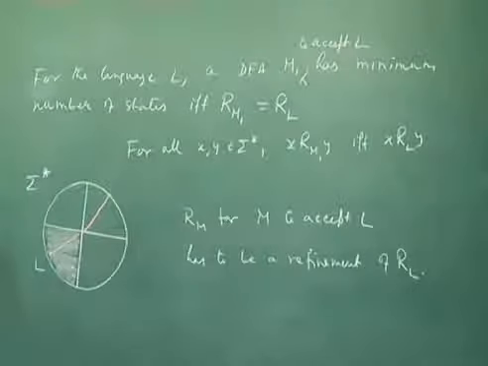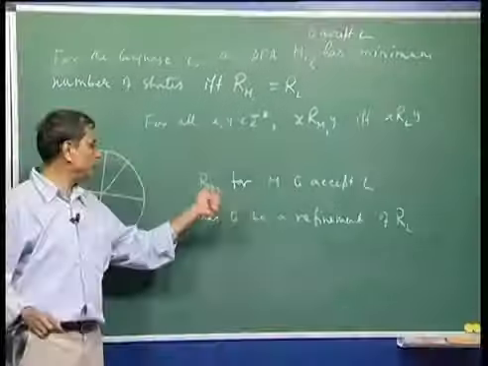Maybe more things are broken up, but this picture will suffice to make our point. This is the general understanding of refinement. RM is a proper refinement of RL. That means it breaks up some of the old equivalence classes of RL.